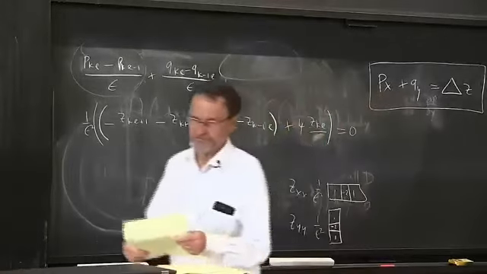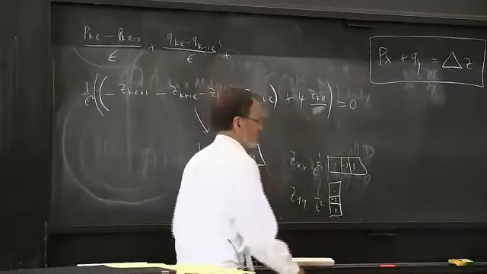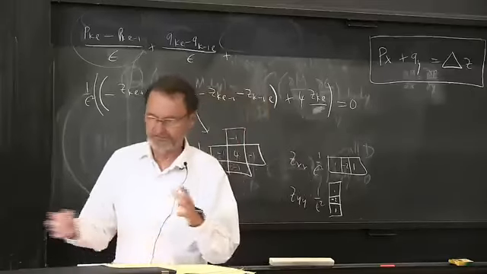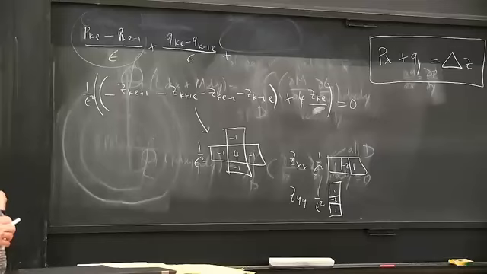Okay, so those things I'm drawing down there are variously called computational molecules or stencils or something like that. And they're a graphic way of showing how to estimate a derivative.